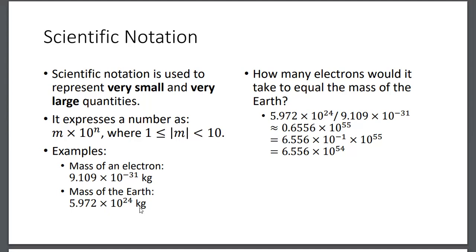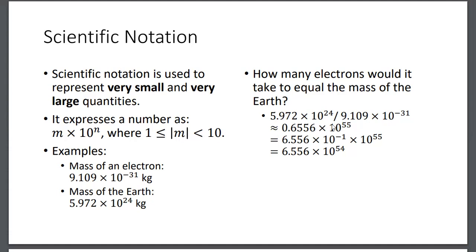Interesting how they would go about weighing these two objects. How many electrons would it take to equal the mass of the Earth? It would be the mass of the Earth divided by the mass of an electron.